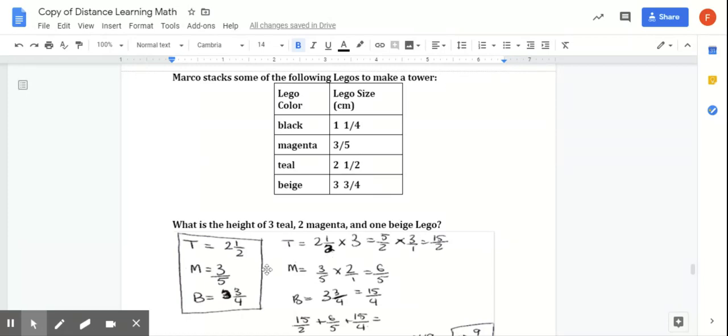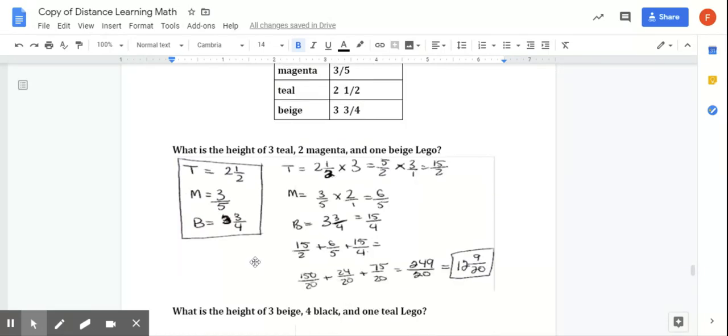So I made a key here, as you can see. The teal Lego is 2.5 centimeters. Our magenta Lego is 3/5 centimeters, and our beige Lego is 3 3/4 centimeters.